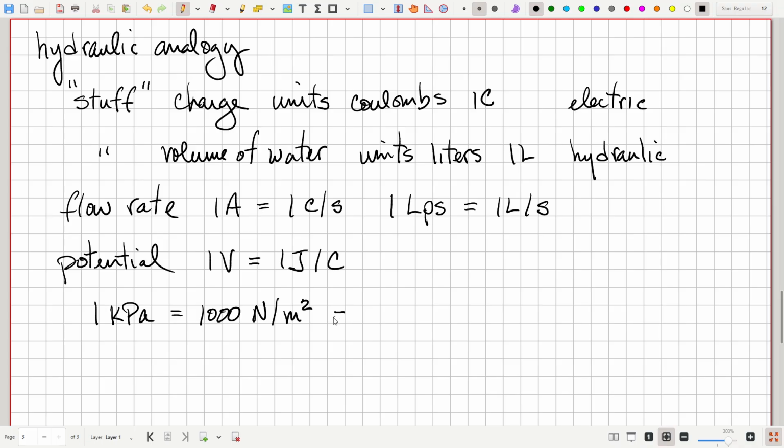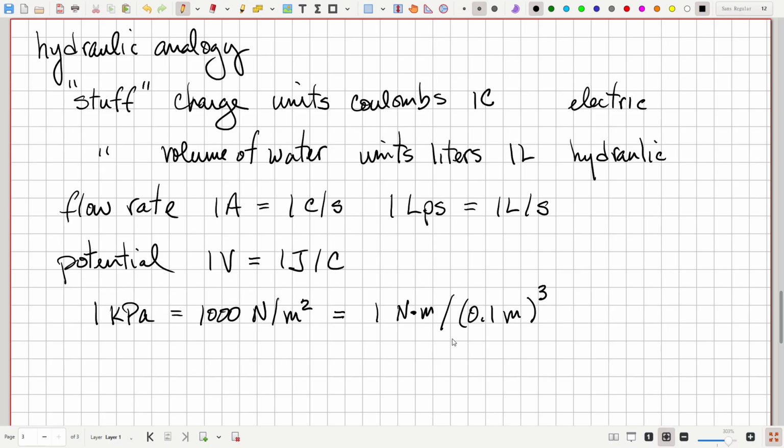And let's see, we can take that and we can multiply by meters on top and bottom, and it's all right, that's 1 newton meter over meters cubed. And then this 1,000 I'm going to put in the denominator as 0.1 cubed. So we're going to write it like this. 1,000 newtons per square meter can be written as 1 newton meter per cubic 0.1 meter, or that's 10 centimeters.